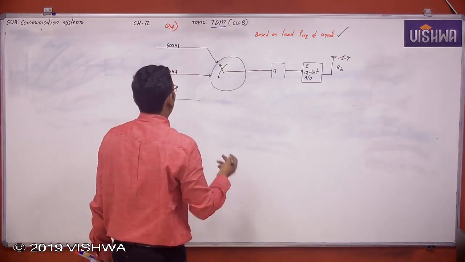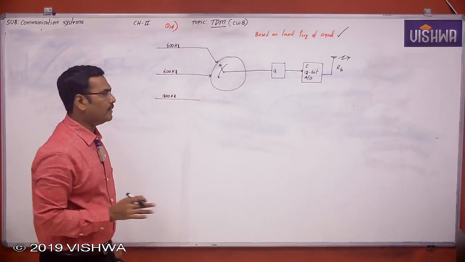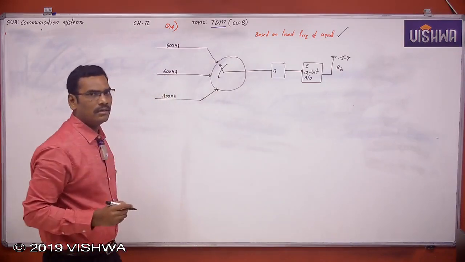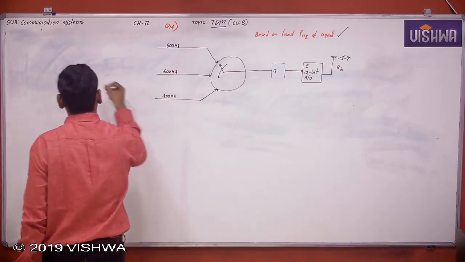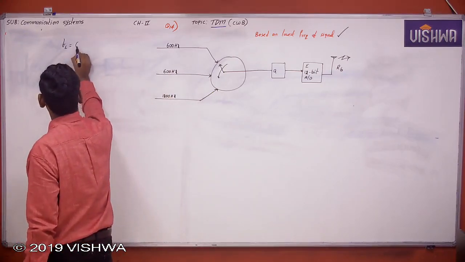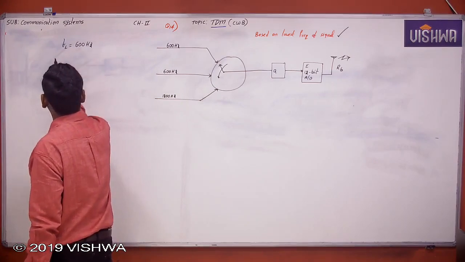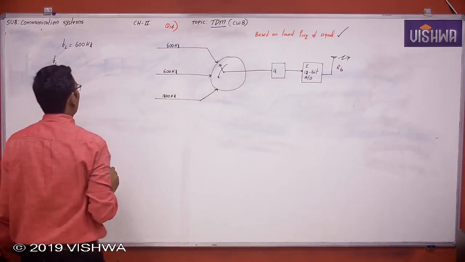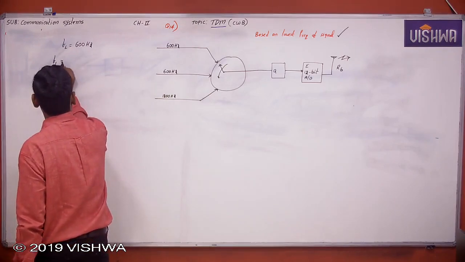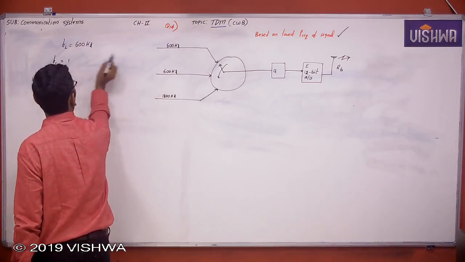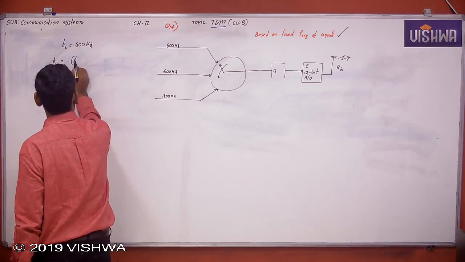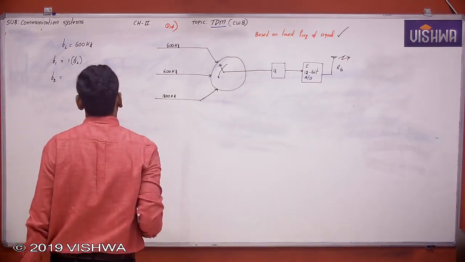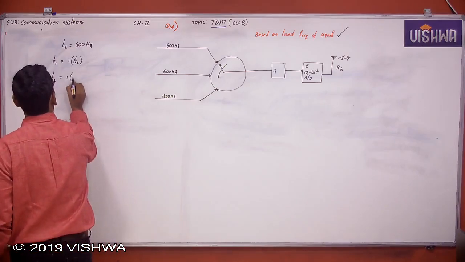Now see here. We can fix the speed of the commutator based on the lowest frequency method or not. First you check the condition. The condition is that all frequencies are integer multiples of the lowest frequency.